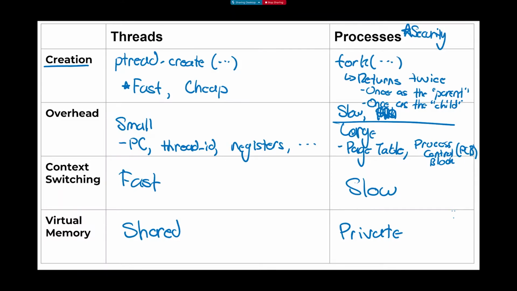I'm going to put it in security and isolation. So if we want this, it's something that's really worth a lot. I don't want my crappy code crashing your amazing code.